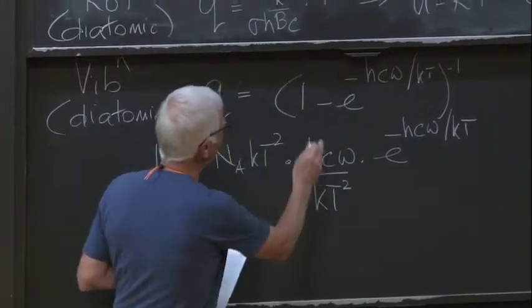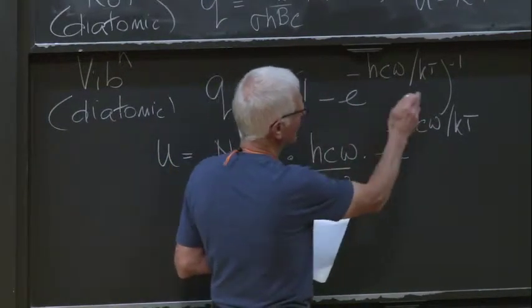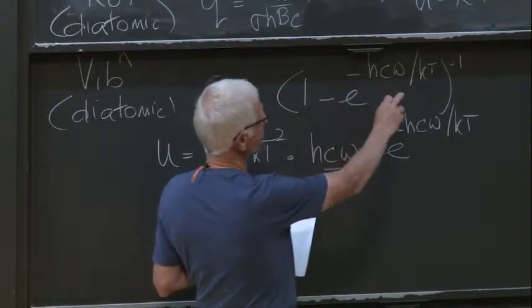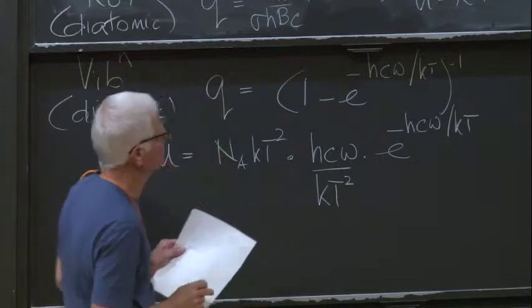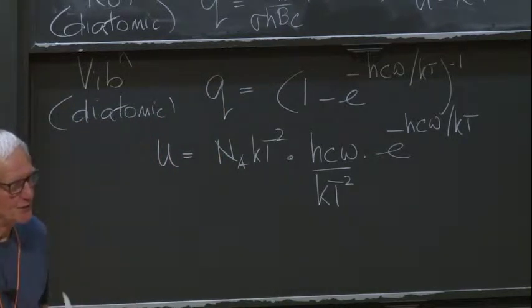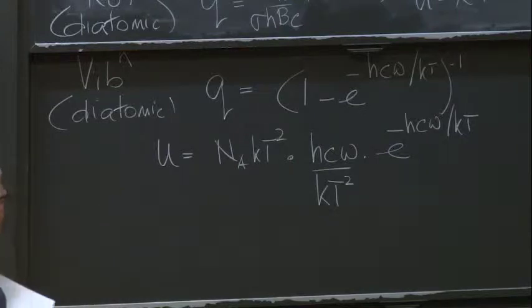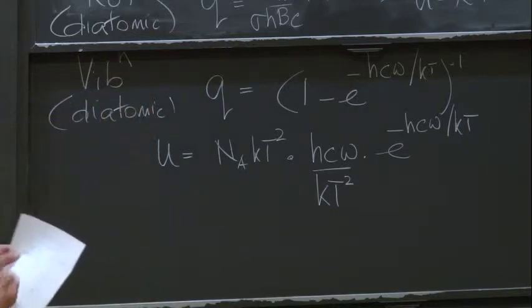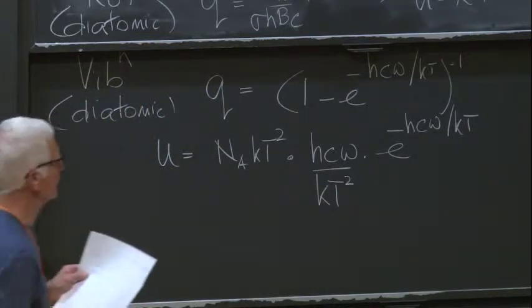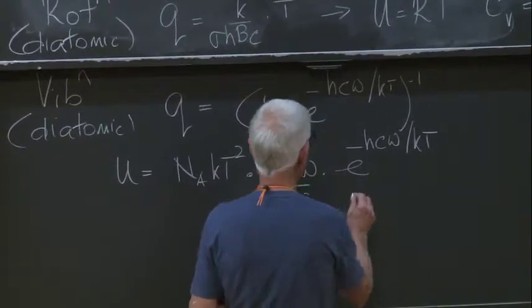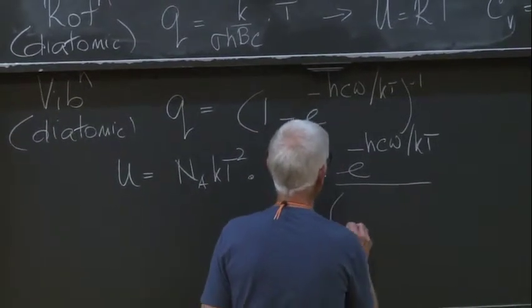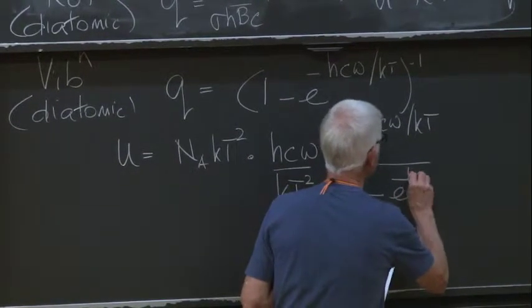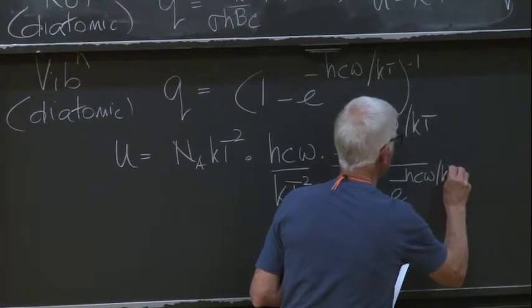And we'll then get the square of this term, but we'll get that term itself. So we'll get (1 minus e to the minus hc omega over kT) to the minus 2. And there are various minus signs floating around here, but they all cancel out in the end. So we'll get that to the minus 2, but we'll get it again to the minus 1 when we divide by the quantity itself to get the differential of the log. And so the net result of all of this is that we finish up with, on the bottom line, 1 minus e to the minus hc omega over kT.